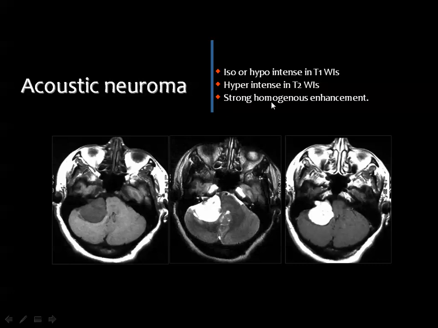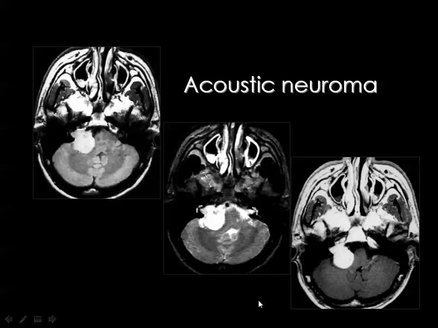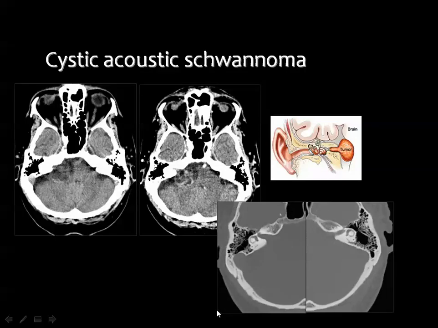And this is an example of an acoustic neuroma by MRI: low signal in the T1, high signal in the T2, and homogeneous post-contrast enhancement with intracanalicular extension. This is another example in the FLAIR or proton density image, T2 weighted image, and T1 post-contrast. You see the enhancement of the tumor and intracanalicular extension.